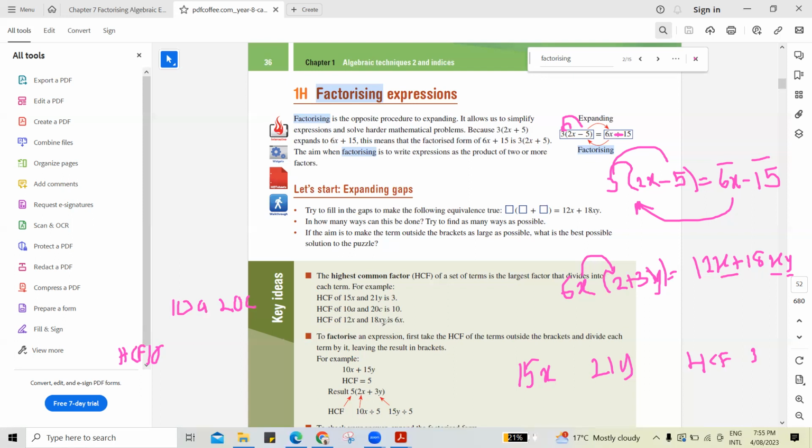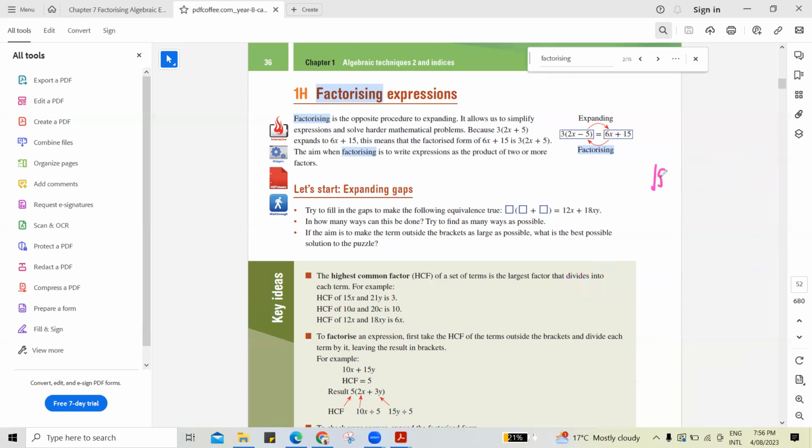And next one, 18xy and 6x. I clear this all. 18xy and 6x. The highest number, it can be divided by 2 both. 18 divided by 2, 6 can be divided. Also 3, you can divide 18, and 6.